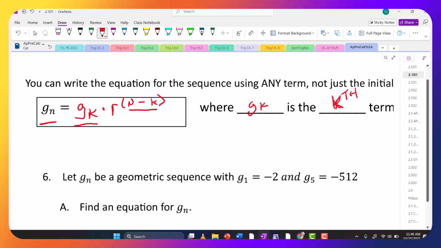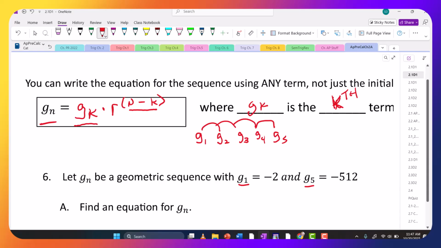So for instance, from g1 to g5, how many things should I multiply by to get to g sub 5? Well, 1, 2, 3, 4. There should be 4 times that I multiply g sub 1 by something to get to g sub 5 because it's geometric.